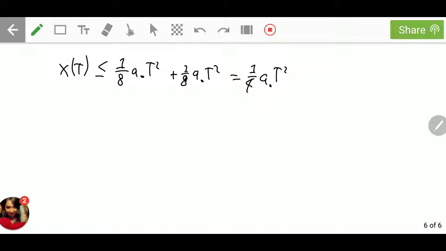And so the maximum distance you can cover in a time T is 1/4 a naught T squared.